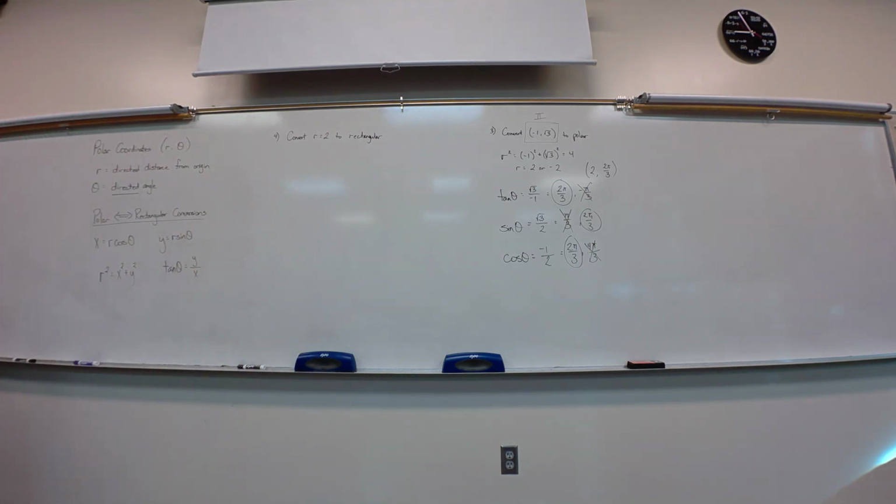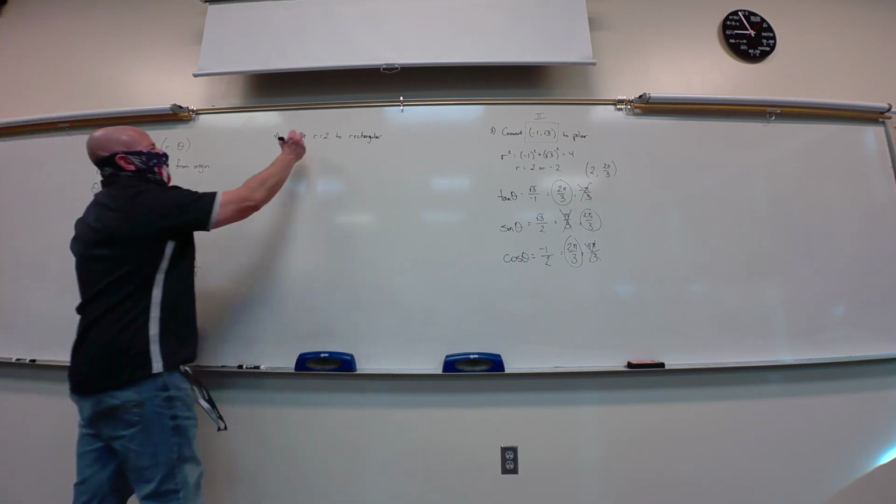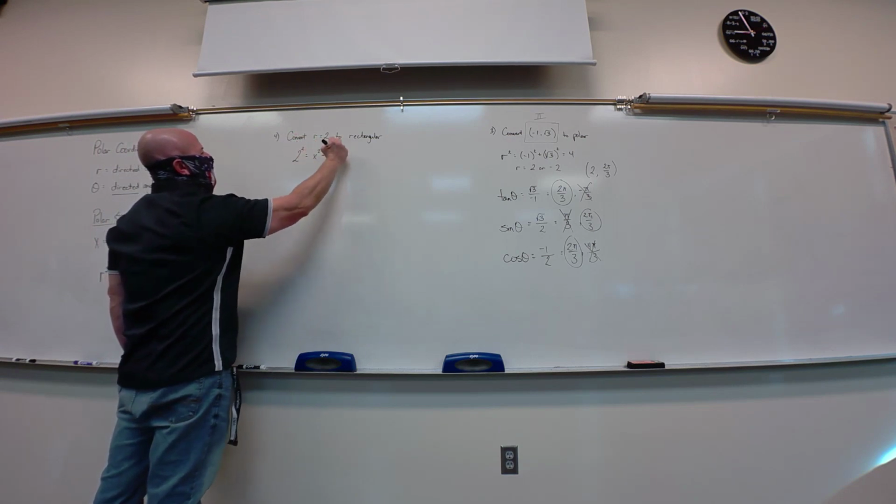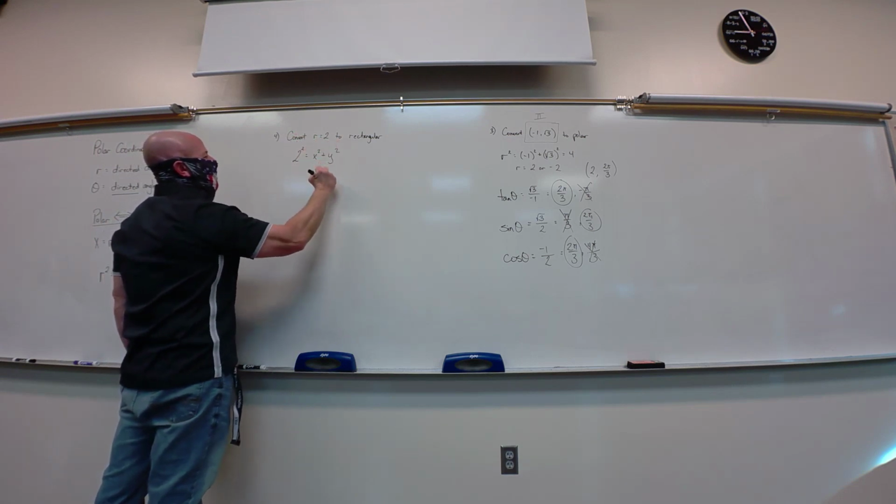And we're going to convert r equals 2 to rectangular. So that means we just want x's and y's. Well, the only thing I have that represents r with just x's and y's is this guy: x squared plus y squared. So that would be a circle. 2 squared would be x squared plus y squared, and you're right, it's a circle.